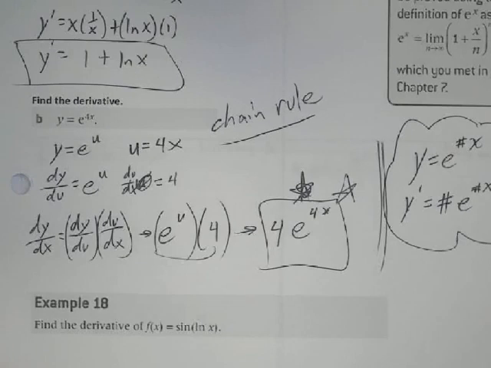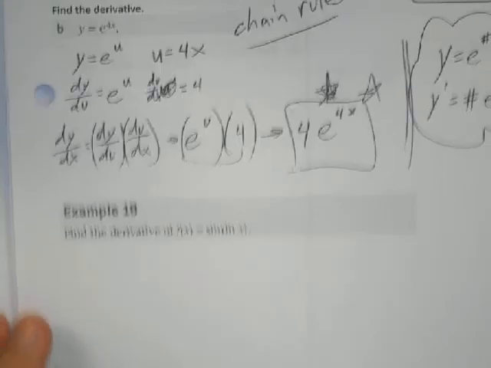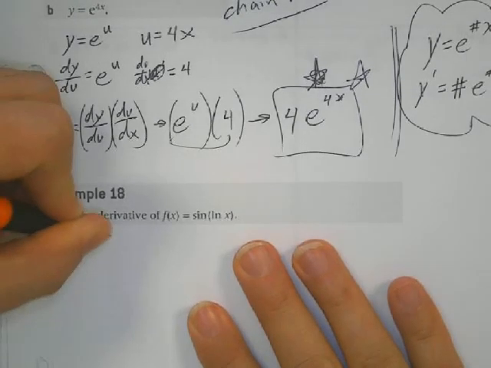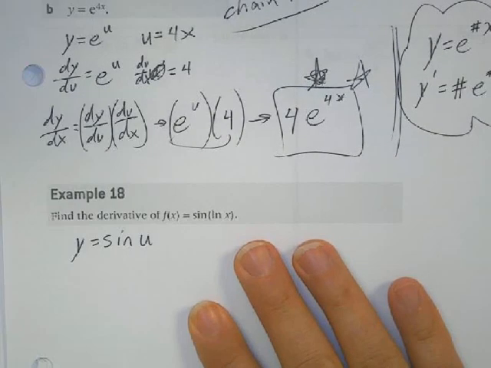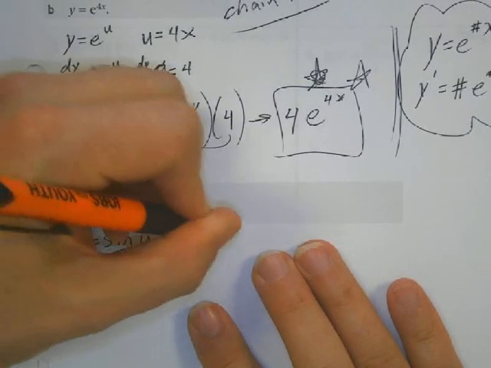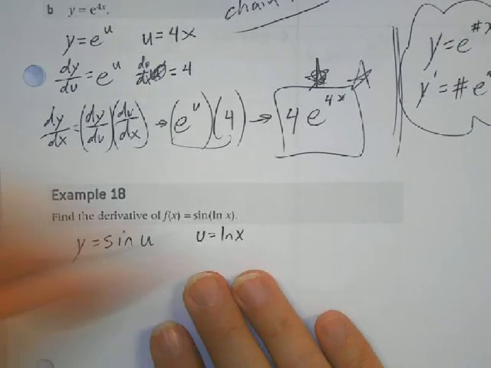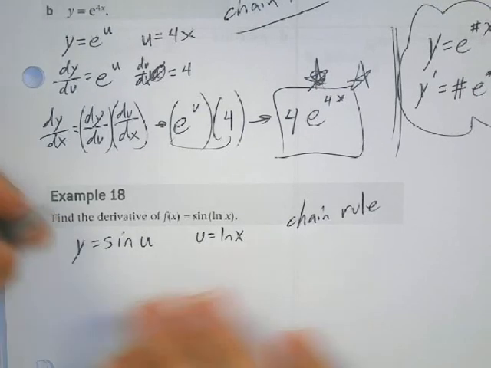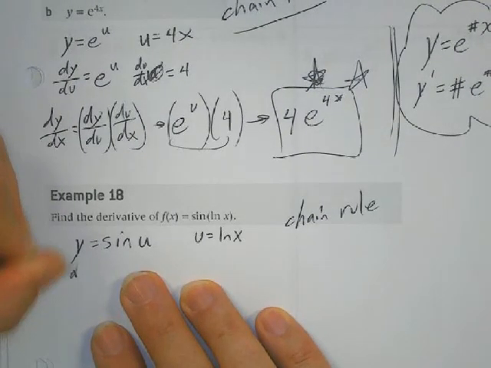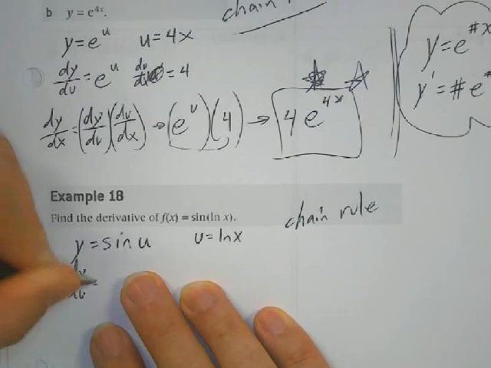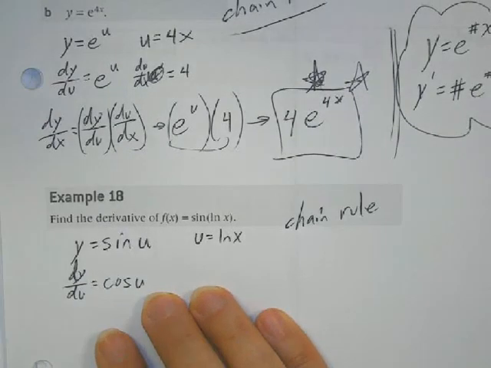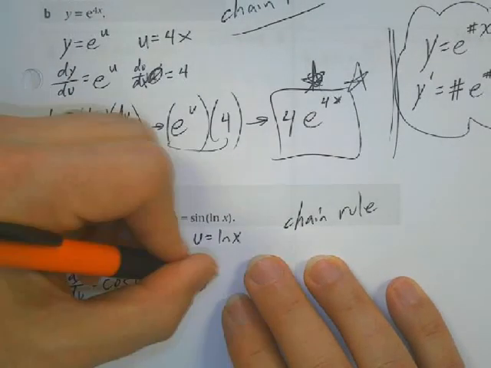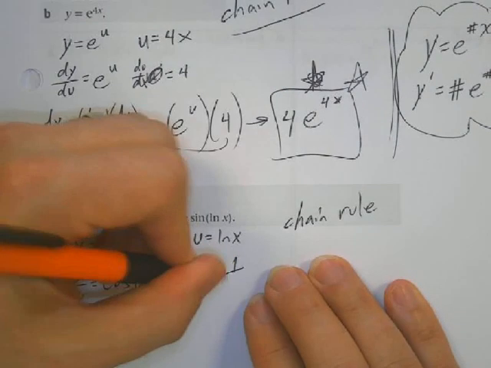Okay, so now we need to figure out this one. The way it's written looks a little bit tricky, but I'm going to write this as y equals sine u, and u equals natural log of x. So when you write it this way, then it looks like it's going to be chain rule. Derivative of sine, dy du, is cosine u. Derivative of u, du dx: the derivative of natural log of x, we know, is 1 over x.